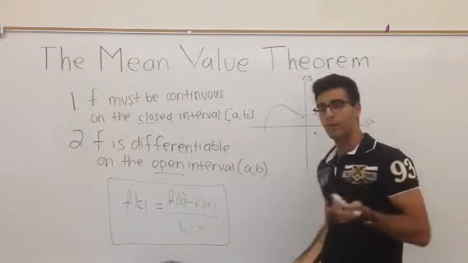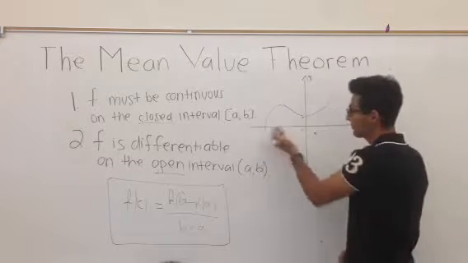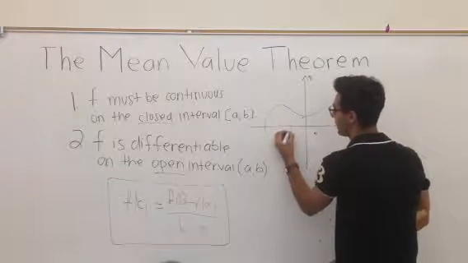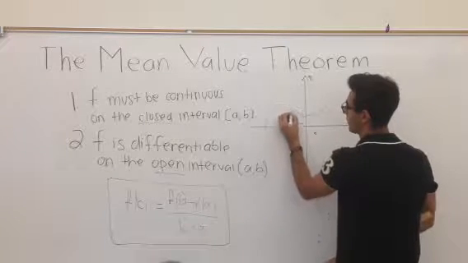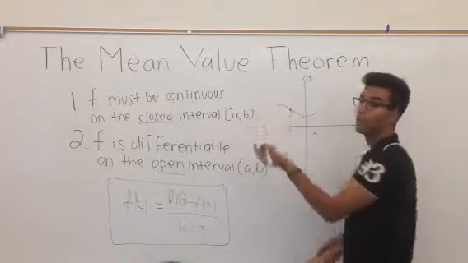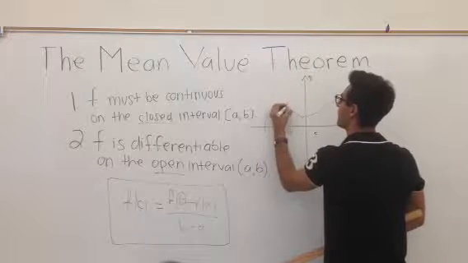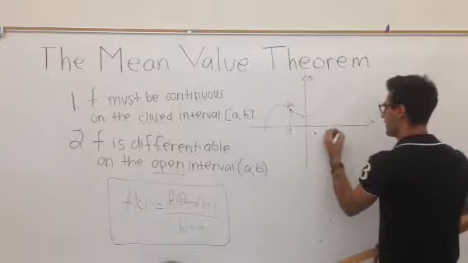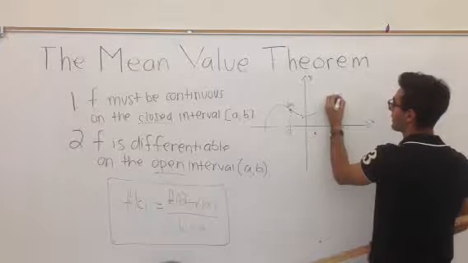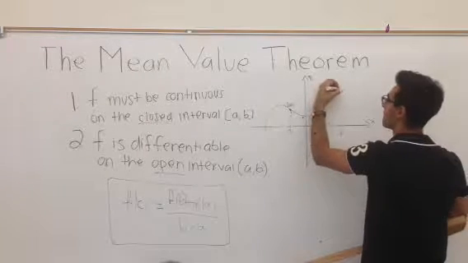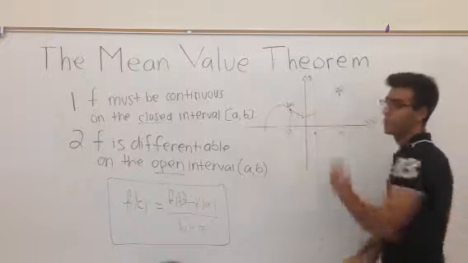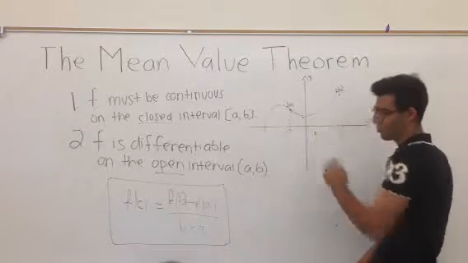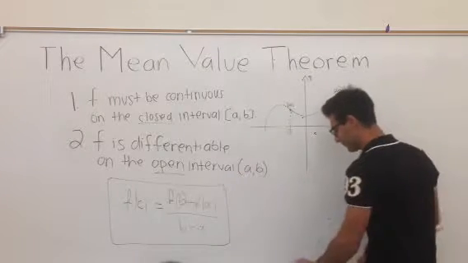So let's pick a point on x where we say it's a. Here's our a. Here automatically we would get our f of a. And at this point we would have b, and we would get here f of b. If I am now drawing a line between those two points, what would I get?